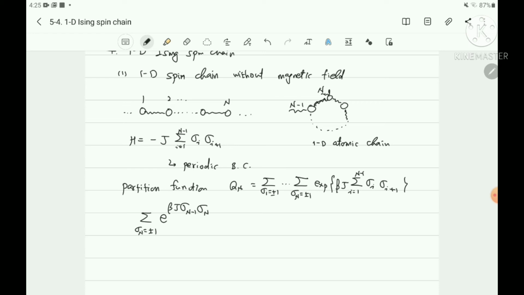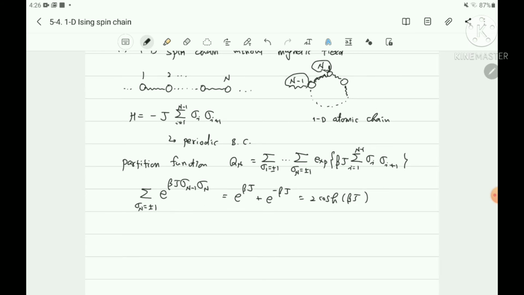It is the interaction between the n-1 and the nth atomic site. Because there are two spins, one parallel and one antiparallel, it is exponential beta J plus exponential minus beta J. Therefore, it is 2 cosine hyperbolic beta J.